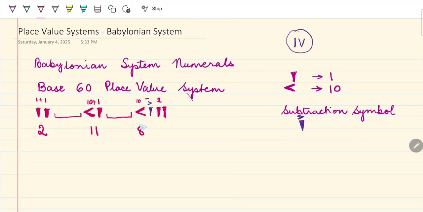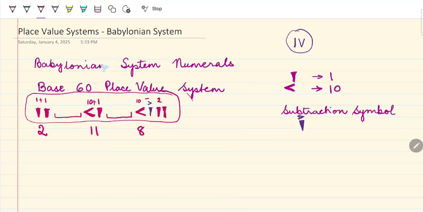So 8 was a digit, 11 was a digit, 2 was a digit if there was a space between them. But if there wasn't any space, then it would represent a single value digit.